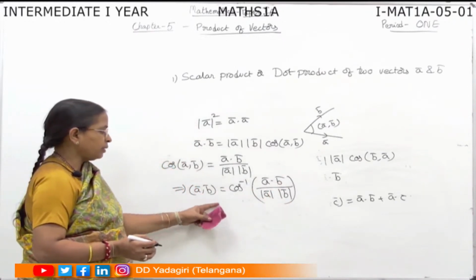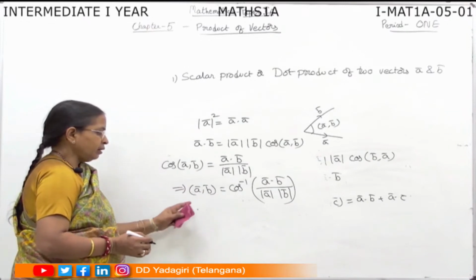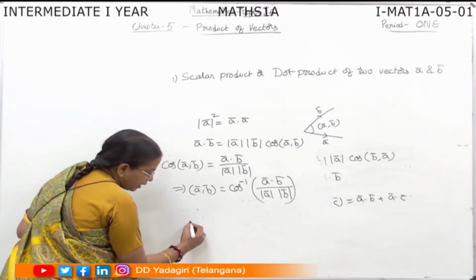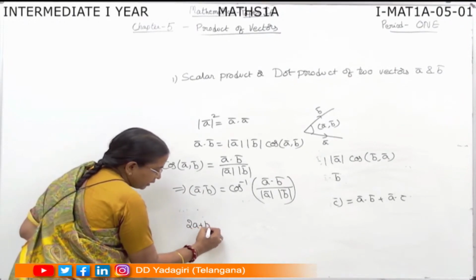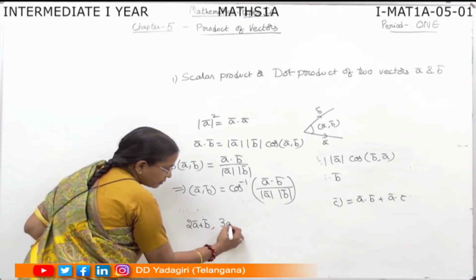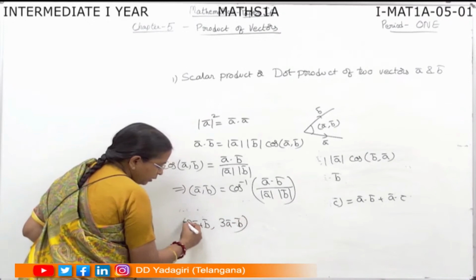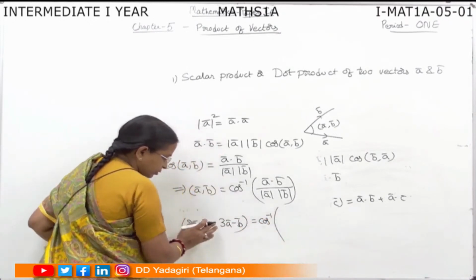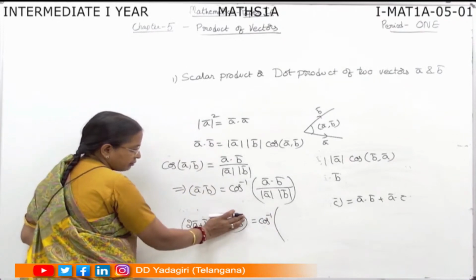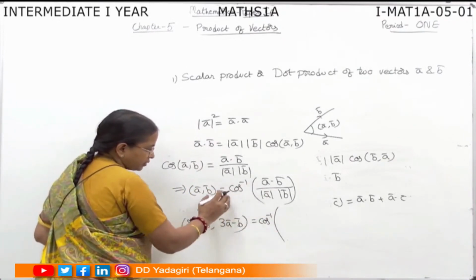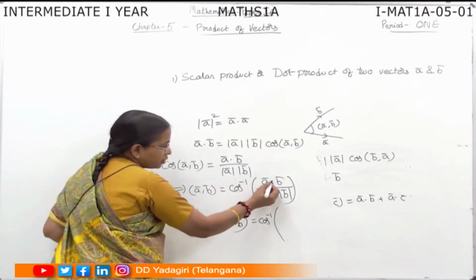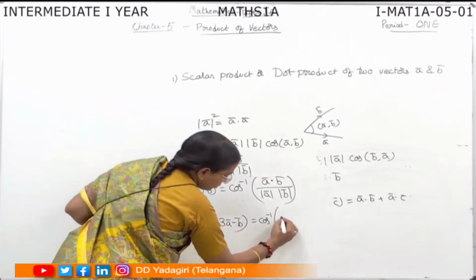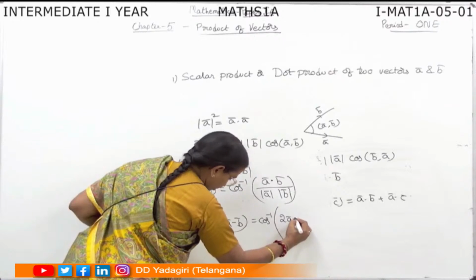There are many problems where we find the angle between two vectors A and B. Like suppose you have to find the angle between 2A plus B and 3A minus B. Then the angle between them is given by the formula. This is just an example. So this is your vector A and this is your vector B, like that, and apply this formula. So this dot should be visible. Wherever you are writing, this dot should be visible, so that it represents the dot product.